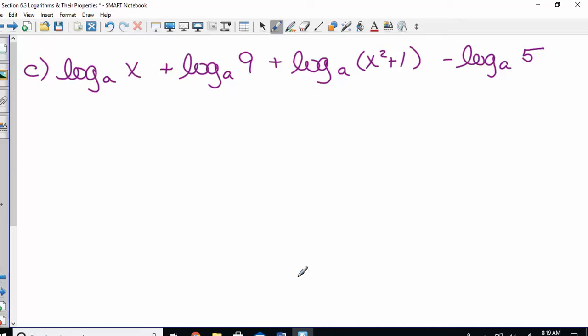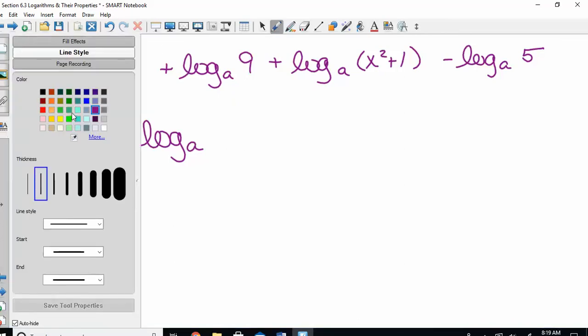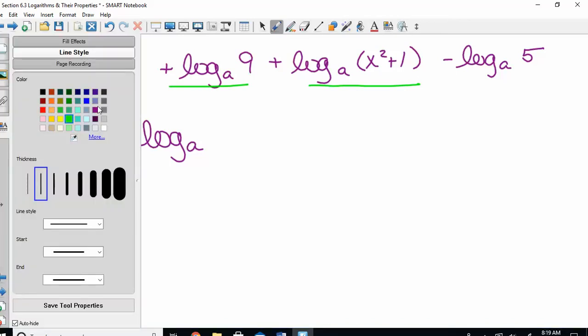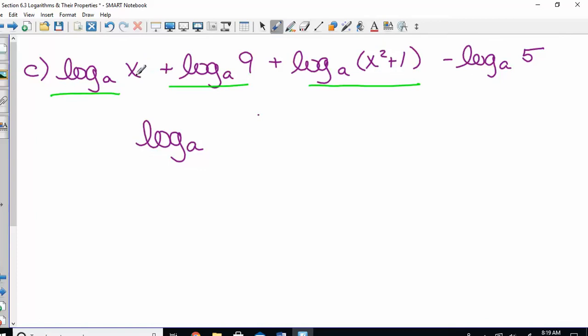When we condense this, I only write the log one time. Anything that's positive goes on the top. So if I'm looking at this, I have 3 pieces that were positive. So all that's going on the top. So I have x times 9. Will that confuse you guys if I just write a 9x?